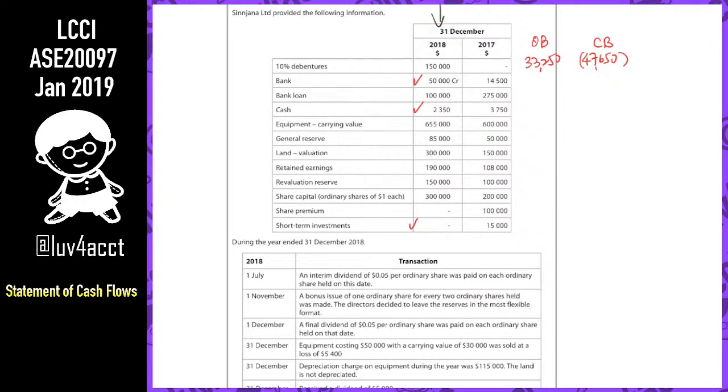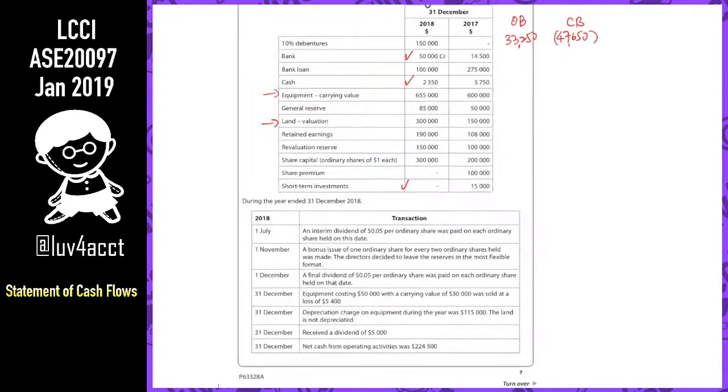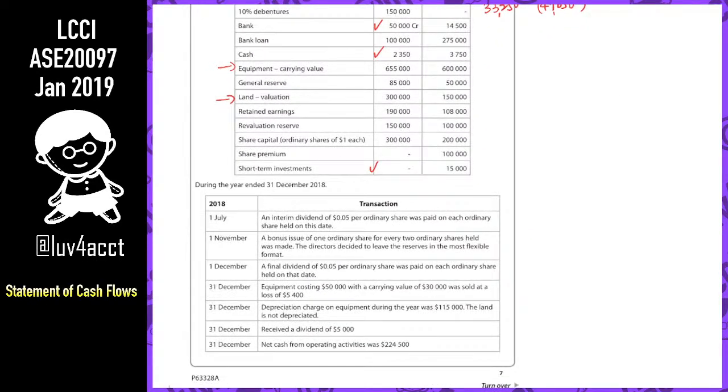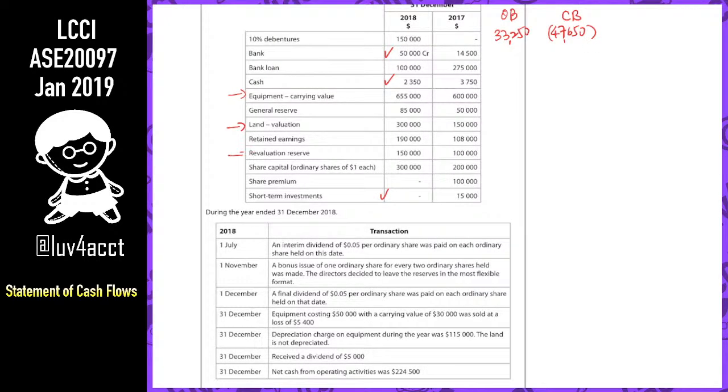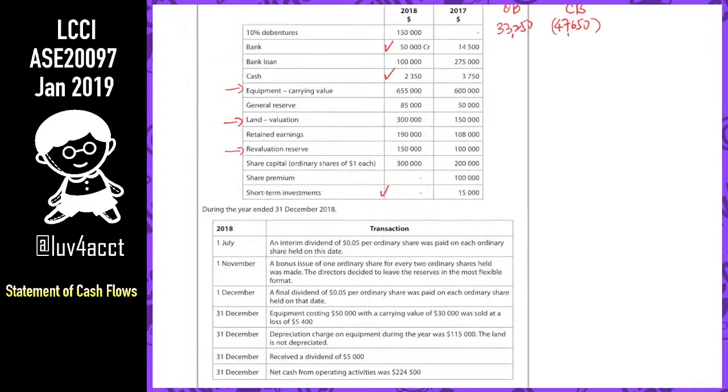We have equipment and land. What we need is cost of land acquired, cost of equipment acquired. We have revaluation as well, so we can find land. Let us see what things are related to the land. Equipment, depreciation charge, land is not depreciated.